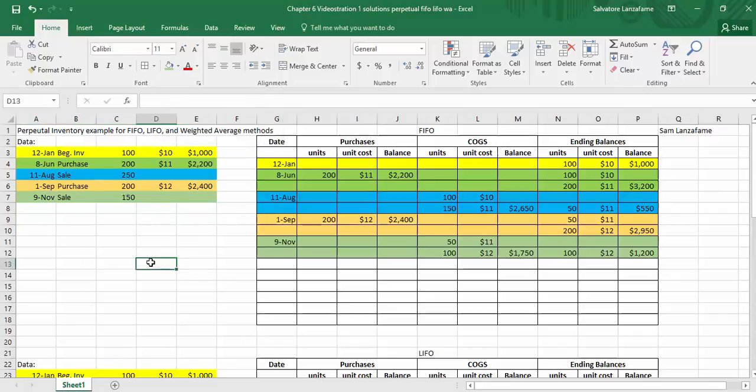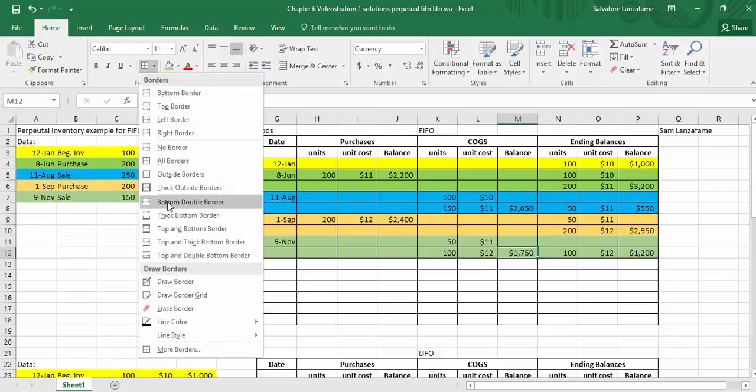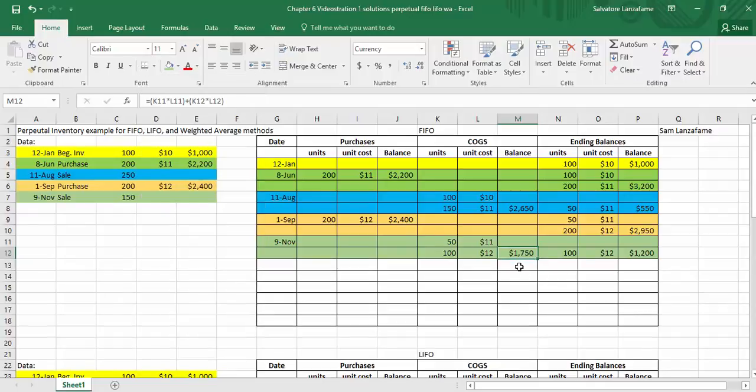Okay. In terms of cost of goods sold, I can also calculate that. So let's say it would be the 2,650 plus the 1,750, and that's $4,400. So that's stuff that's under cost of goods sold. When I sell, like if I go back to August, the blue, when I sell those 250, I better sell them for more than $2,650, or I'm going to lose money.